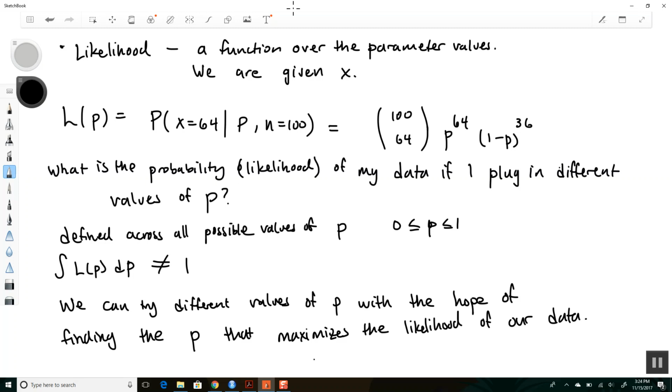And that is the maximum likelihood estimate.